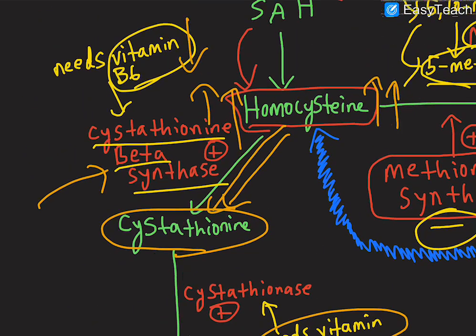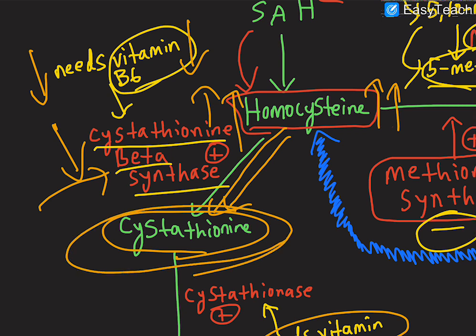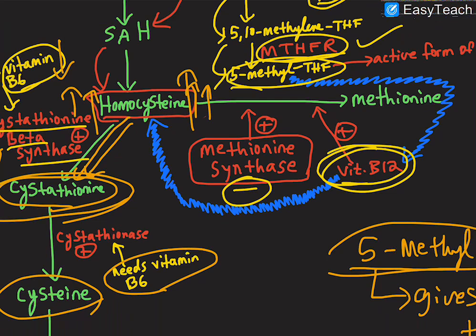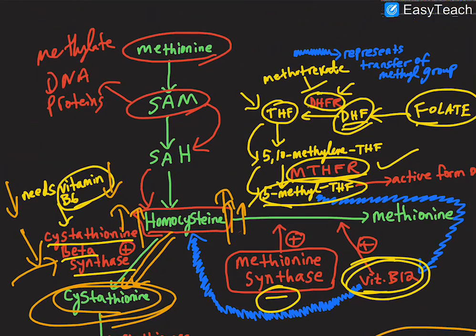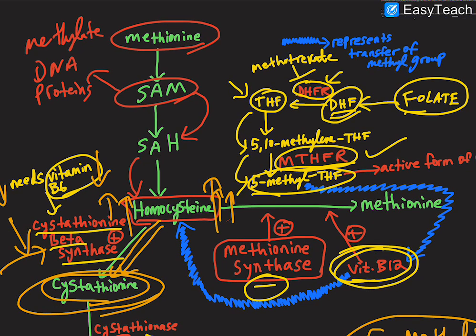Again, if you're deficient in B6 or if you have a defect or deficiency in the cystathionine beta synthase enzyme, you can't form cystathionine, so homocysteine levels will build up. So that's the main steps to talk about when it comes to homocysteine metabolism. Now let's see why homocysteine buildup is bad.